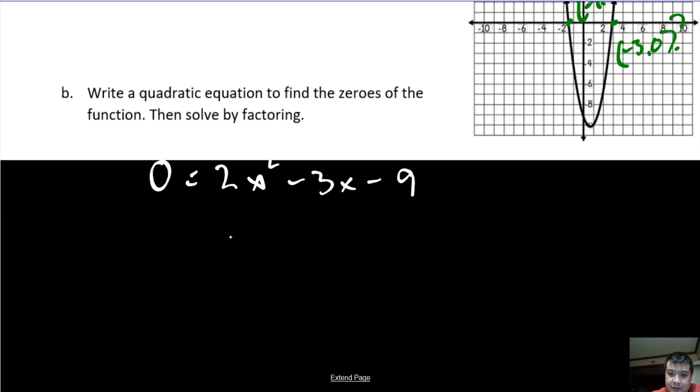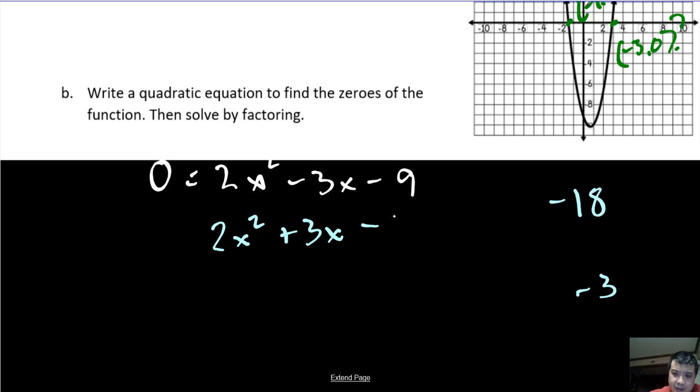So we're going to have to find two numbers that multiply to negative 18, because 2 times negative 9 is negative 18, and add up to negative 3. So our answer is going to be positive 3 and negative 6. So we're going to split this: 2x² + 3x - 6x - 9.